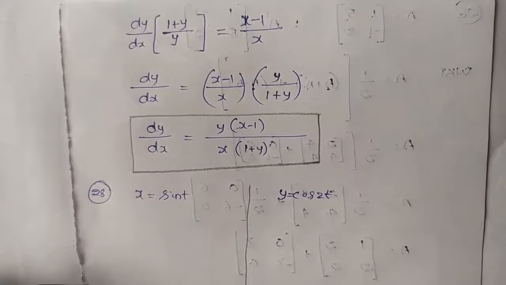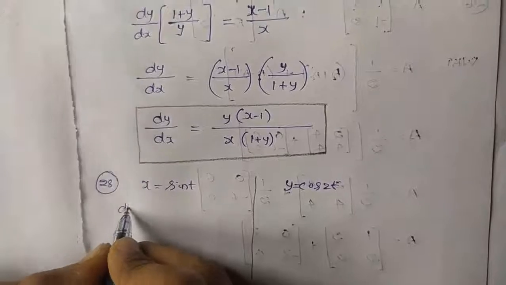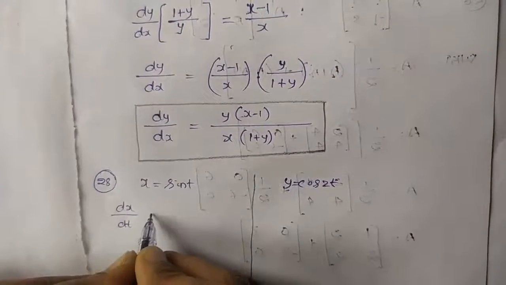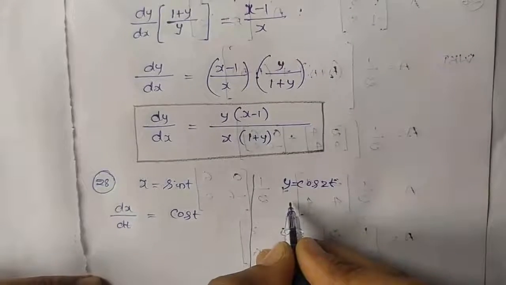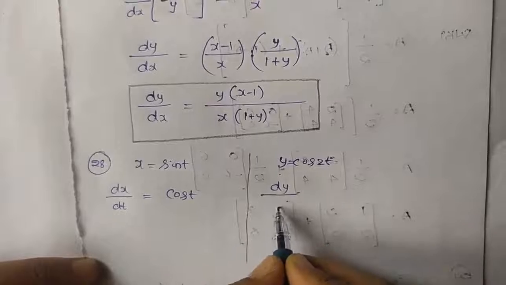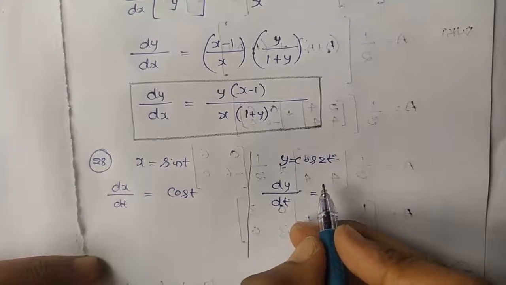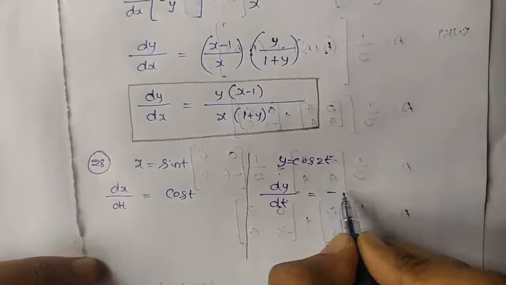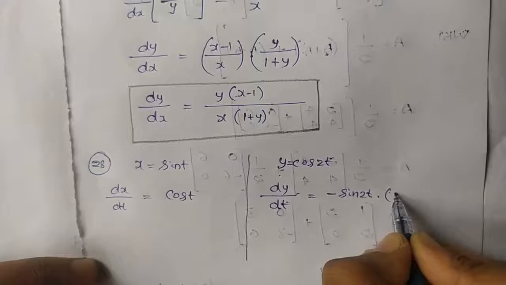So first differentiate with respect to t. Dx by dt equals differentiation of sin t is cos t. Next similarly differentiate y with respect to t. So dy by dt equals differentiation of cos 2t is minus sin 2t into differentiation of 2t is 2.